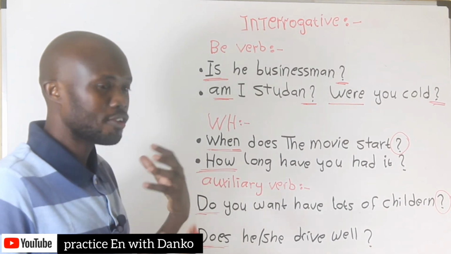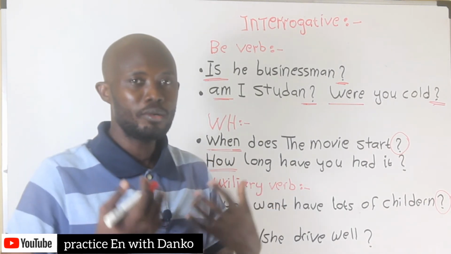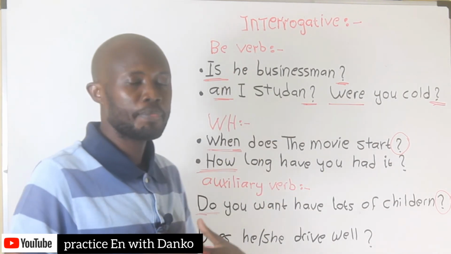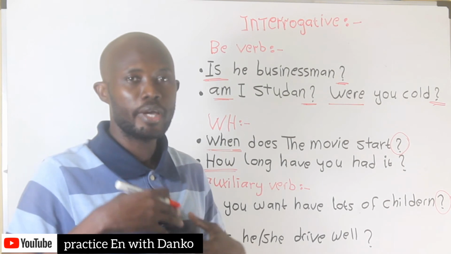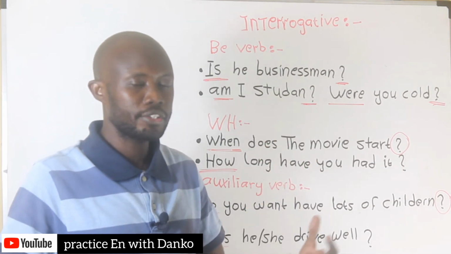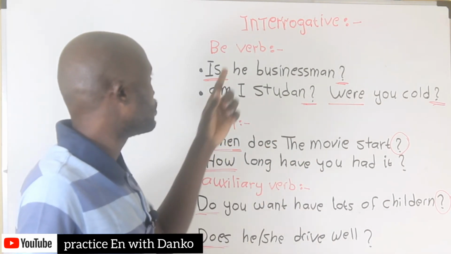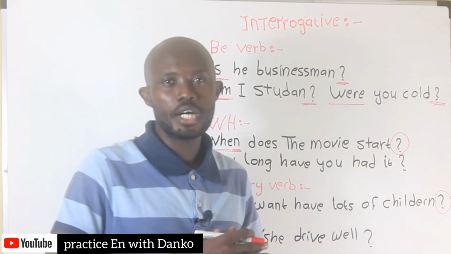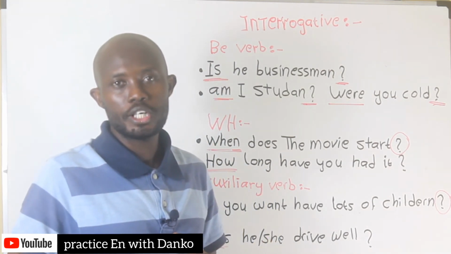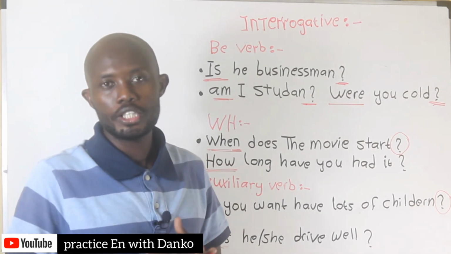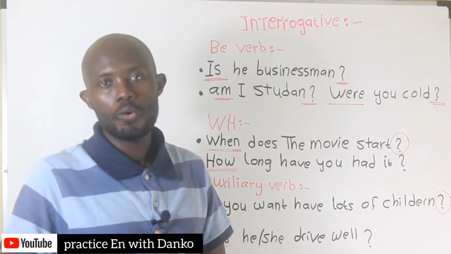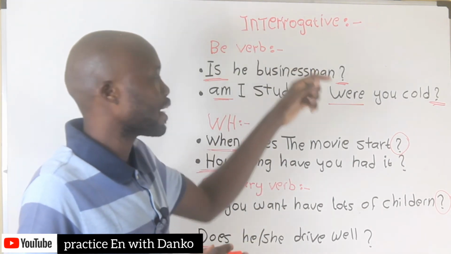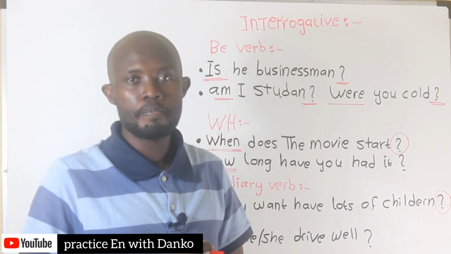There are a lot of questions we always use to ask others with interrogative sentences. Any question you ask others uses interrogative sentences. It could be direct or indirect, alternative questions, or even tag questions, yes or no questions. All these things are called interrogative sentences.